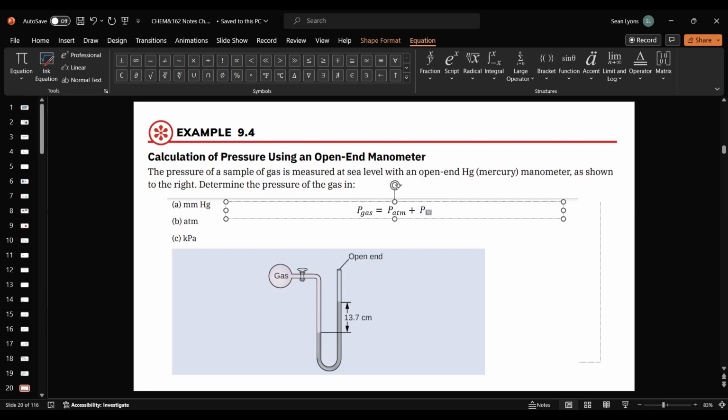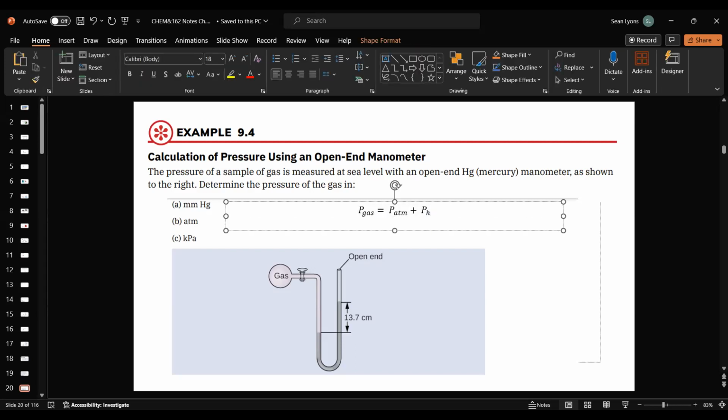So now when we look at this, P gas, atmosphere pressure, we'll say is 1 atmosphere plus 13.7 centimeters of mercury. So with it, we've got to convert these units.